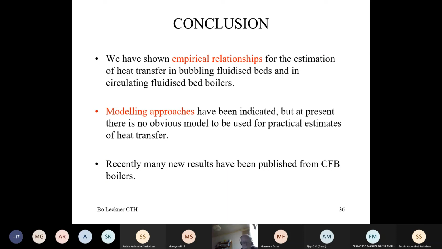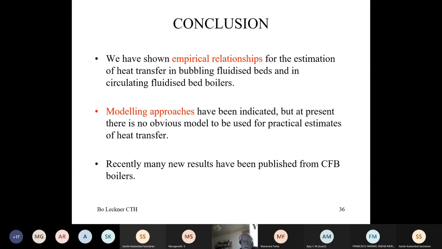Conclusion. I have shown a number of empirical relationships to estimate the heat transfer in bubbling beds. And I have said that the maximum heat transfer coefficients are quite good, whereas the other heat transfer coefficients covering the whole range of velocities are less reliable.